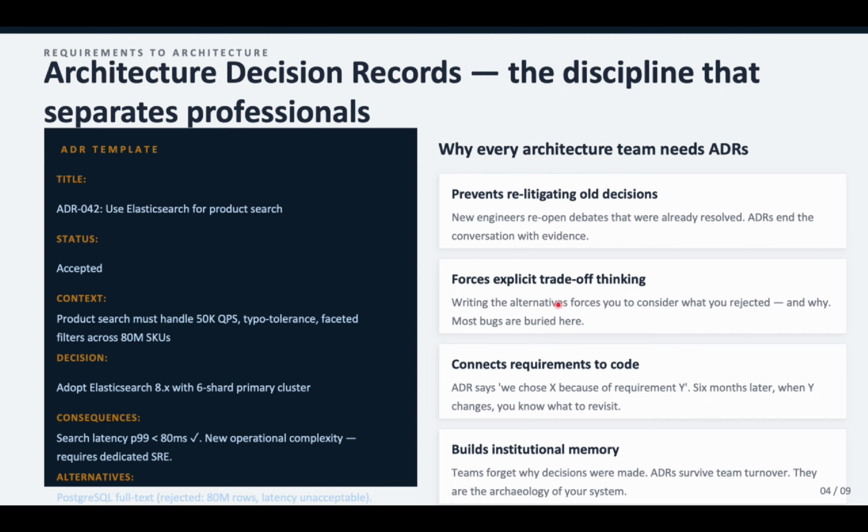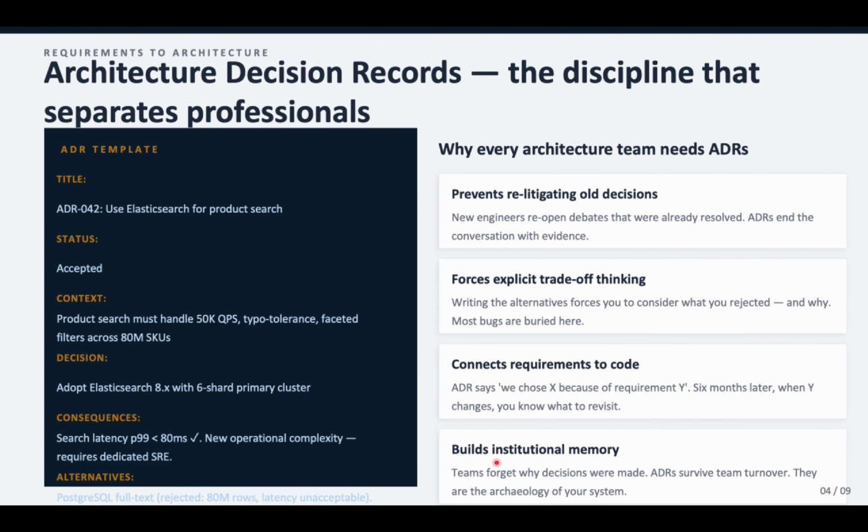ADRs force trade-off thinking. The act of writing the alternatives section makes you think harder. You cannot write we rejected PostgreSQL because of performance at scale without actually validating that claim, right? And ADRs connect requirements to code. When the business changes direction 6 months later, you can look at your ADRs and know exactly which technical decisions were made in response to the old requirements and which ones need to be revisited.